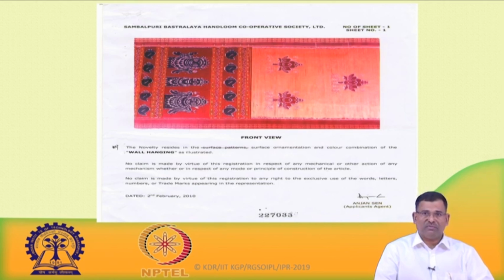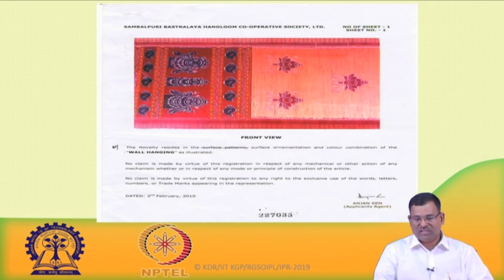The peculiarity of this wall hanging is that usually clothes are made up of weft and warp, but this is made up of one side only, not both sides. You can see the tribal motifs, the specific motifs which are very particular to Odisha.